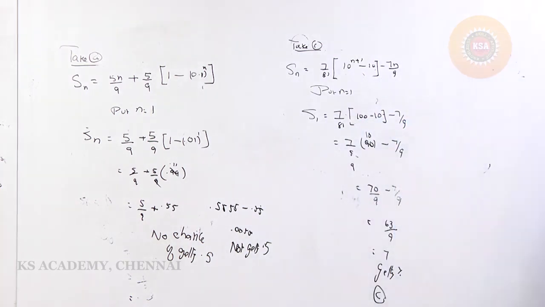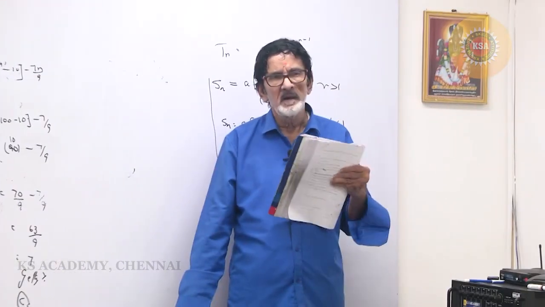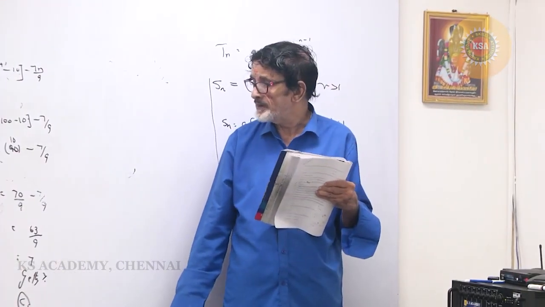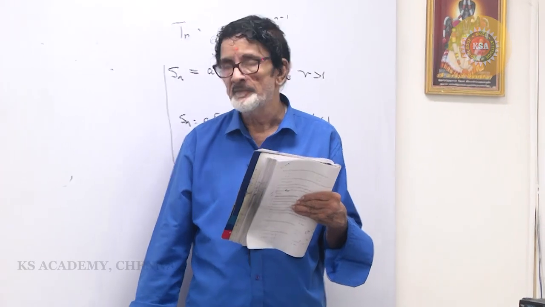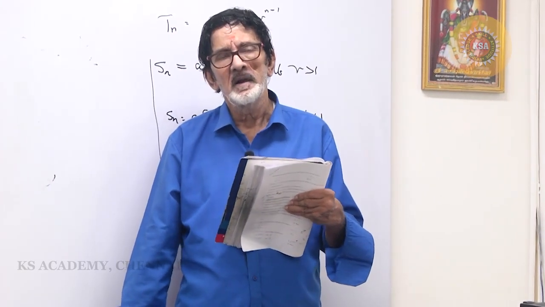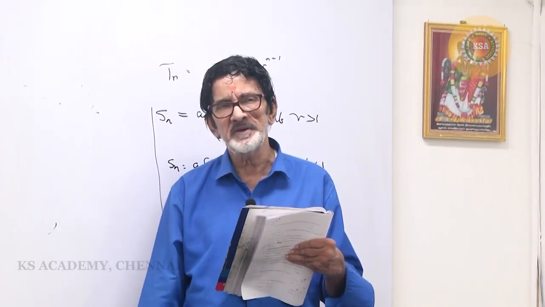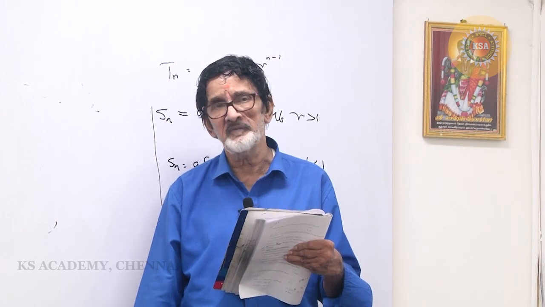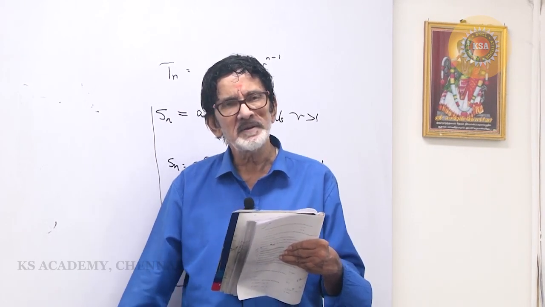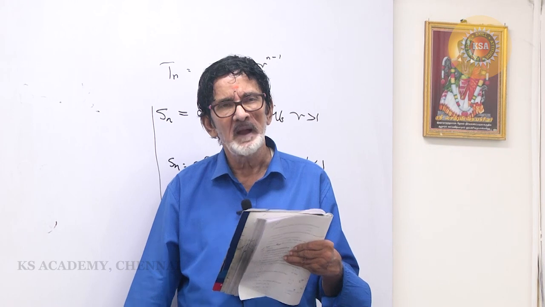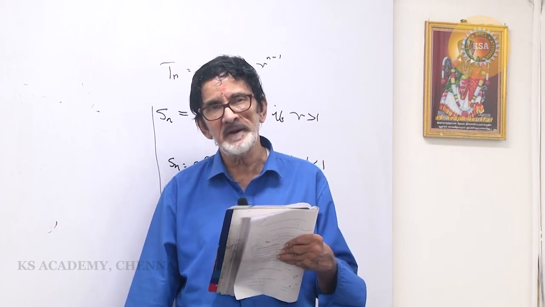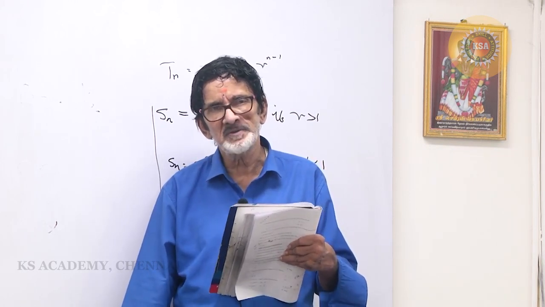So no chance of getting 0.55. 0.555 minus 5 by 9 recurring series, 0.5545, you put 5.555545 minus 0.55, exact answer 0.055, no chance of getting.